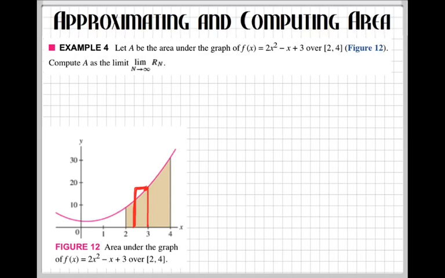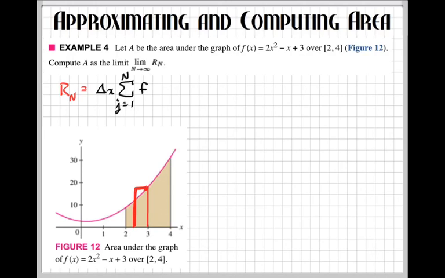So, what do we do? First we have to write what R sub n equals. I'm going to write it in summation notation, which is delta x times the sum, j equals 1, that's our dummy variable, to n. N is supposed to represent the number of rectangles we're finding the area of, but since it's going to infinity, we'll leave it as n.